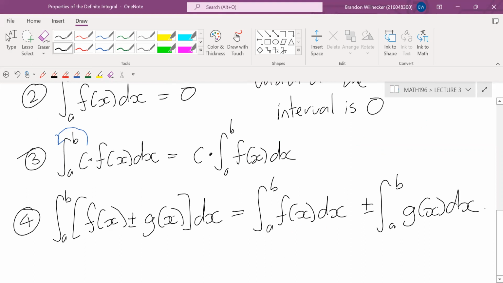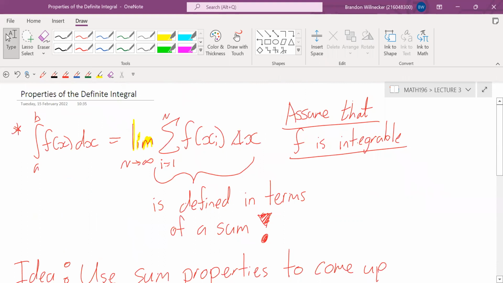Okay, so why does this make sense? Well, again, let's go back here. We know that the integral is defined in terms of sums. If I have the sum of AR plus BR, then I can always separate that into the sum of AR plus the sum of BR. I can separate the sums.